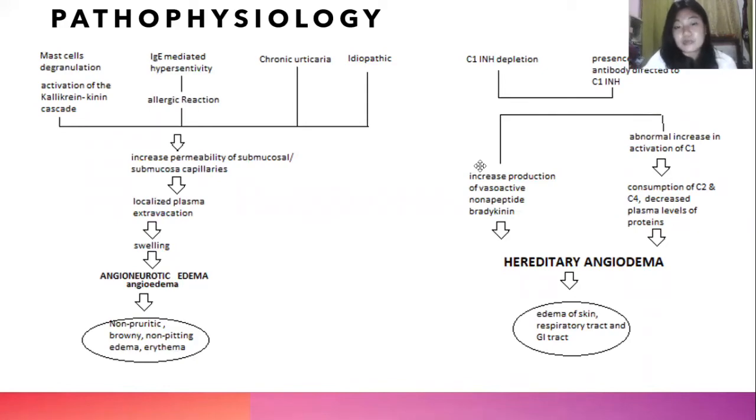And another is that there will be an abnormal increase in activation of C1, leading to consumption of C2 and C4, and decreased plasma levels of protein, leading to hereditary angioedema. This will then later on manifest as an edema of the skin, in some cases the respiratory tract, which is very fatal if not managed, and in the GI tract.